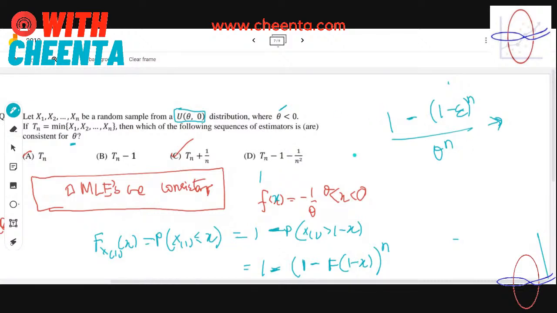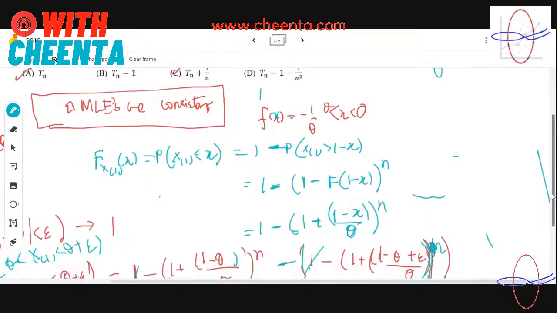So I think I have missed some theta to the power n somewhere, you know. Oh, I see where I have done the mistake. I have written this wrong. Yes, I've written this wrong.